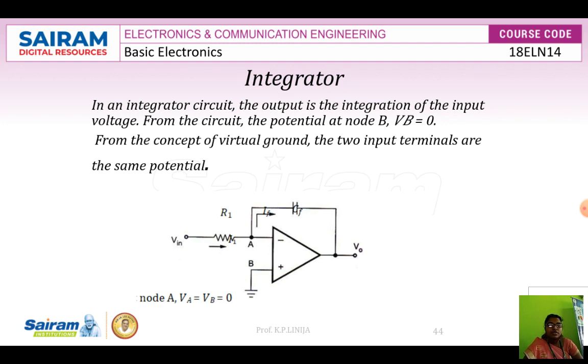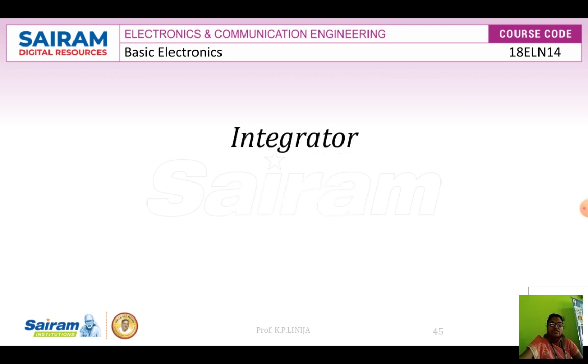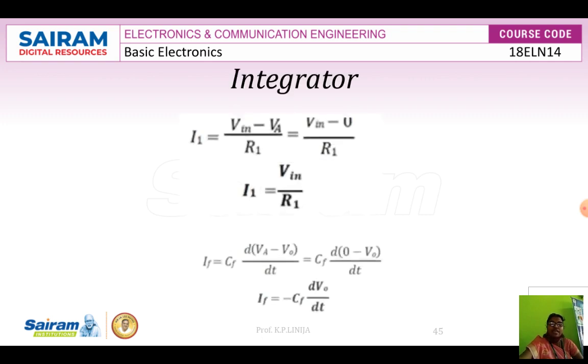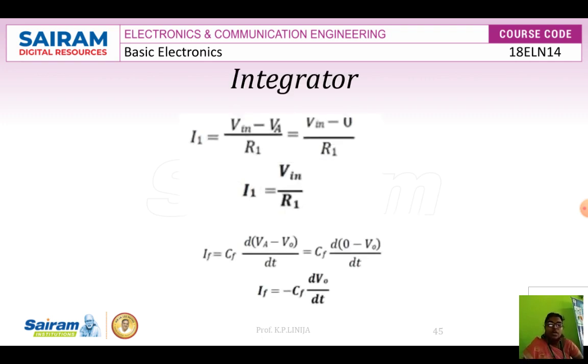So this IF can be written as CF into d of (VA minus output voltage) divided by dt.